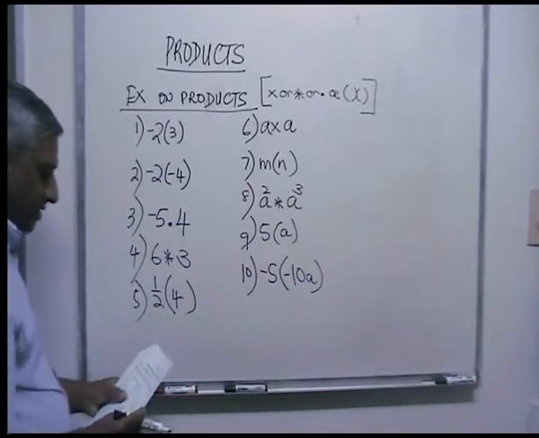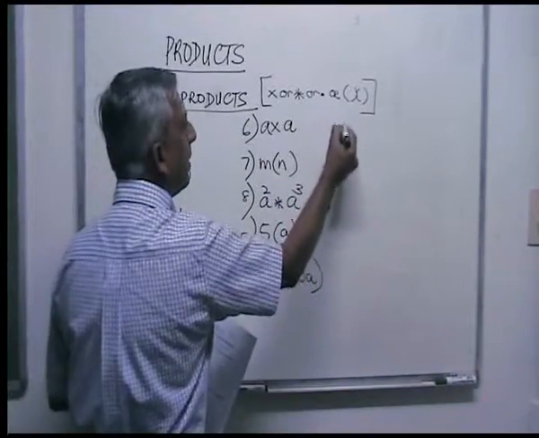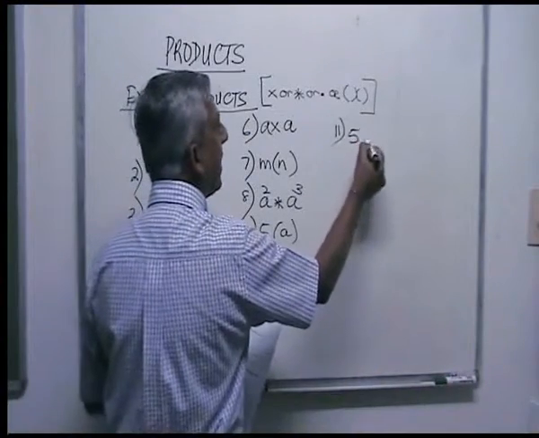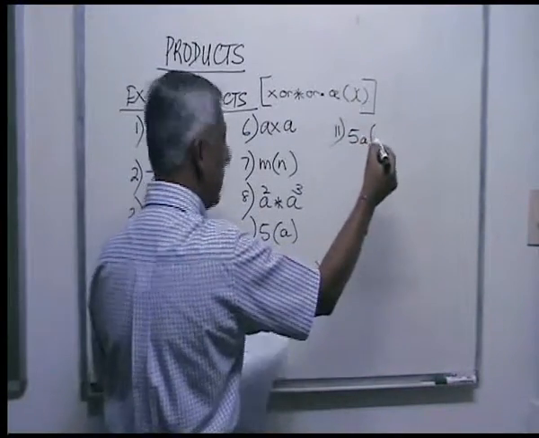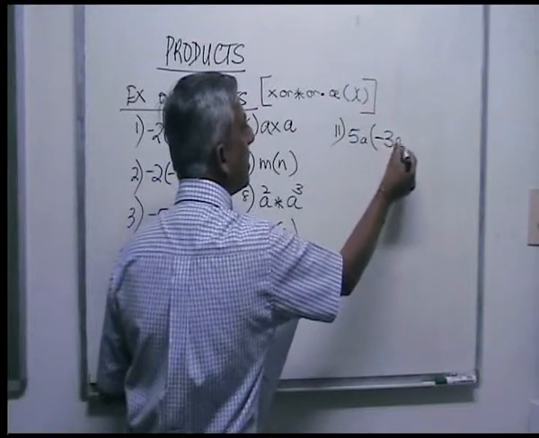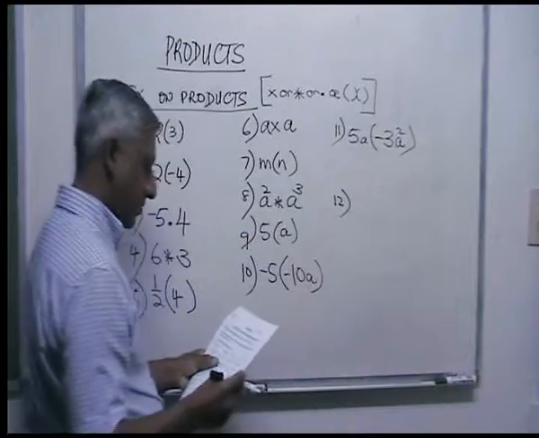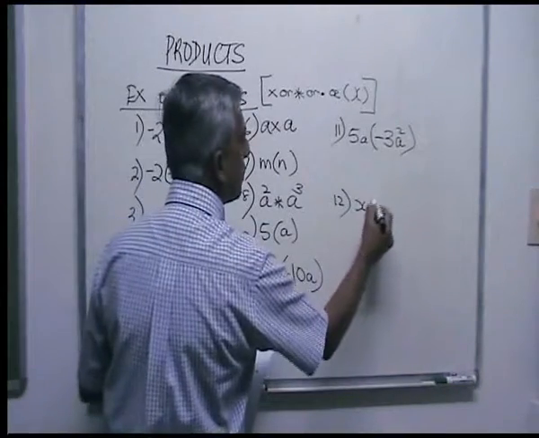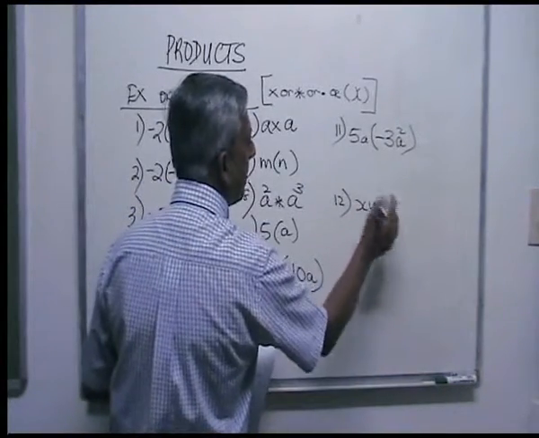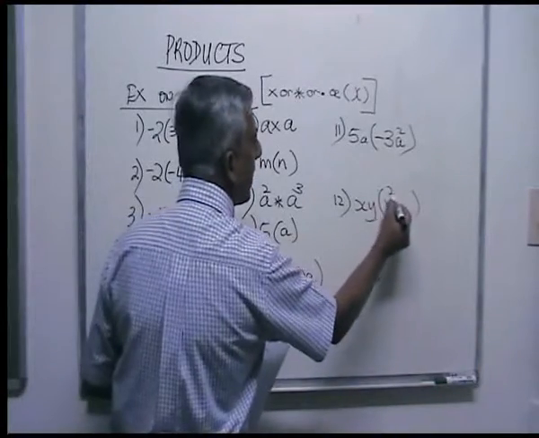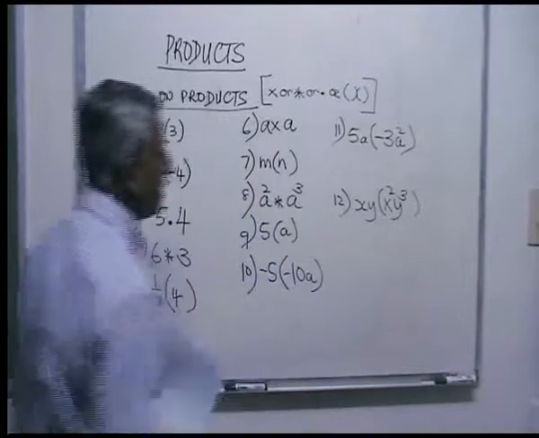And then let's put number 11 and 12 here. Number 11, you got 5A times minus 3A squared. And number 12, you've got xy times x squared y cubed.